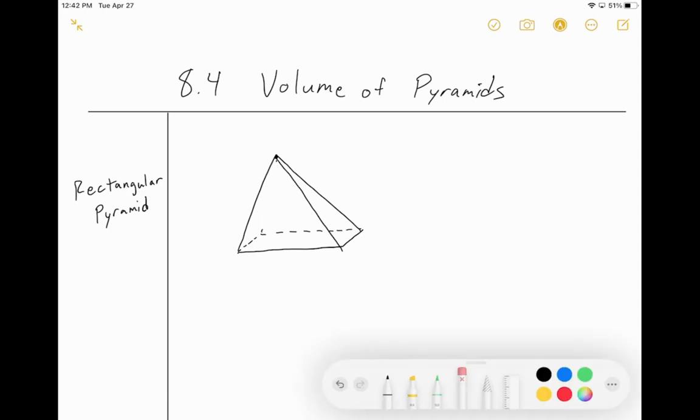I can do better. Okay, so we have here a rectangular pyramid. Hopefully yours looks something like that. If not, it just takes a little bit of practice. And it's called a rectangular pyramid because the base is a rectangle.